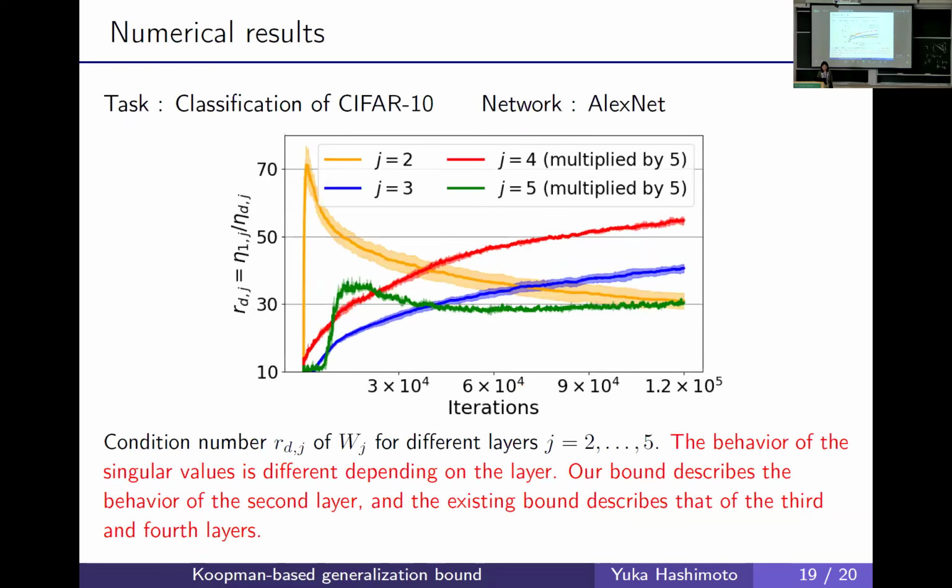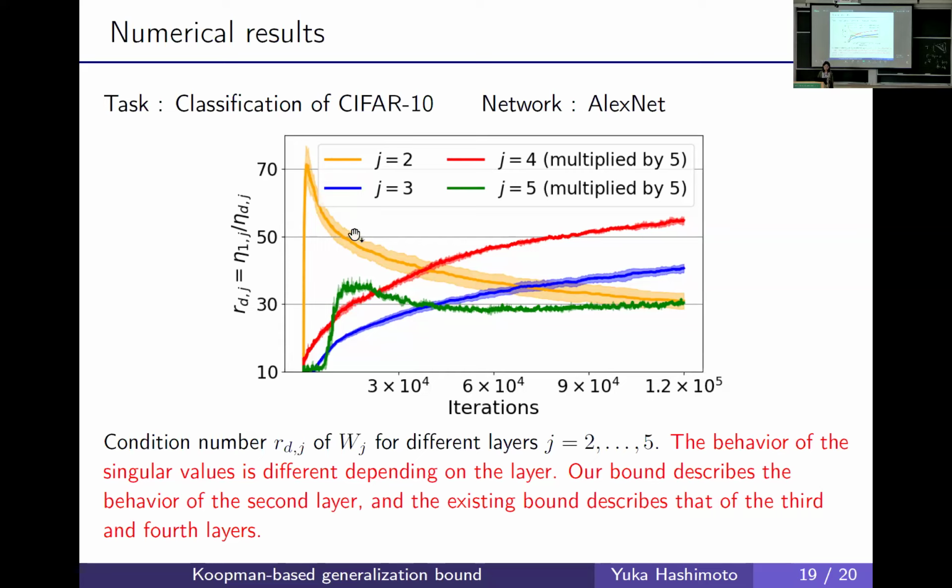And this is another numerical result. Here, the vertical axis represents the condition number of the weight matrix. The orange line corresponds to the behavior of the weight matrix of the second layer, the blue line is the third layer, red is the fourth, and green is the fifth.